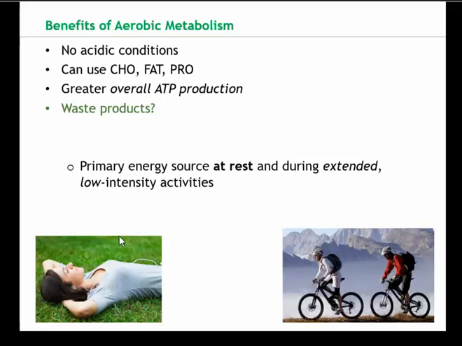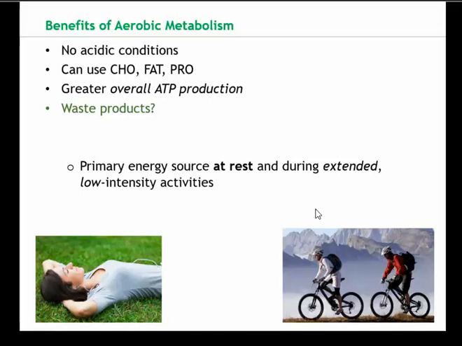Anytime we're at rest, sitting down, watching this lecture, your body's using aerobic metabolism for energy because the energy demand is not high. It's very low. All you're doing is sitting down or laying down, resting. So you don't need a lot of ATP per second. You need a lot overall, but not at a fast rate. So that's the primary system that's used.